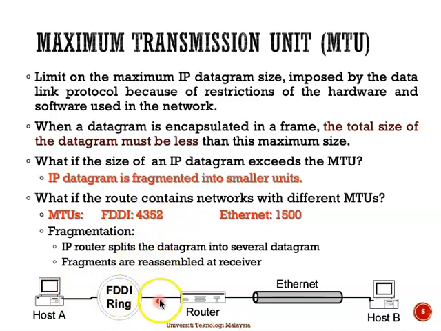However, after this datagram goes to the router, the outgoing Ethernet link has an MTU of 1500, so this router has to split the datagram into several datagrams so that it fits this requirement. The fragments are reassembled at the receiver. So, moving on to the next slide.